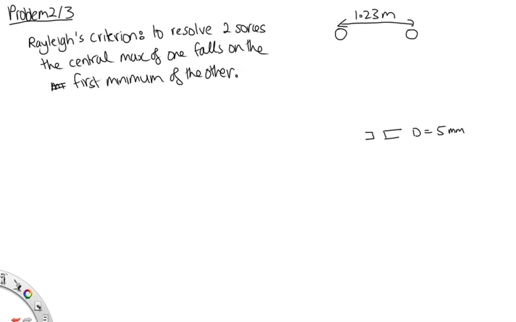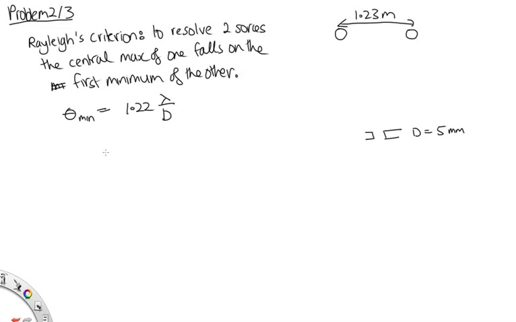So this gives the closest two sources can be in order for us to resolve them. So this gives us the formula. The minimum angle between the sources is 1.22 lambda over d, where d is the diameter of the aperture. The 1.22 comes about because it's actually a circular aperture, not just a single slit, and the lambda is the wavelength. So we'll just need to use this equation to work out the solution to this one.